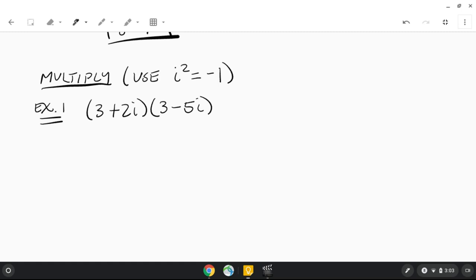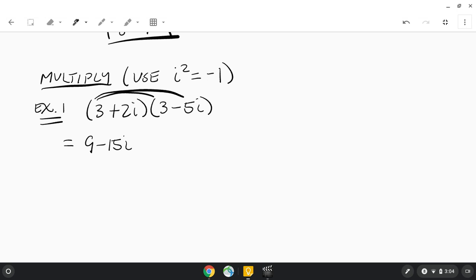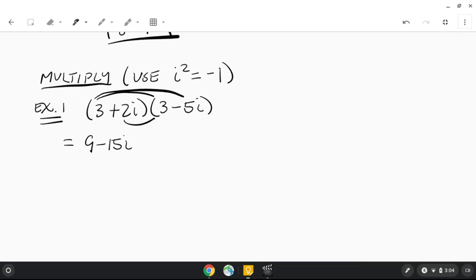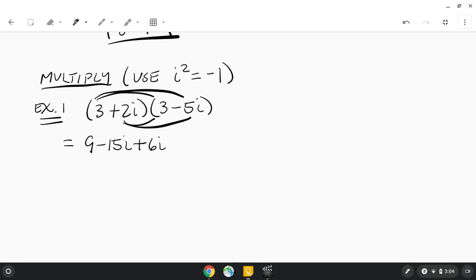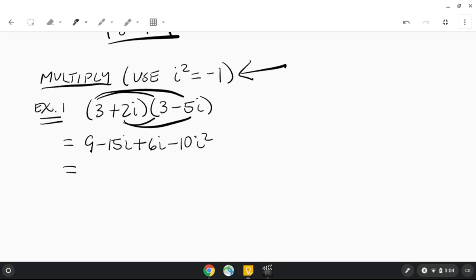Okay, so you FOIL this out, you do your distributive property, just like if you had a binomial times binomial. So I'm going to go ahead and do 3 times 3 and 3 times negative 5i. And then I'm going to do 2i times 3 and 2i times negative 5i is going to be negative 10i squared. But remember, we said i squared is negative 1. So this becomes 9.